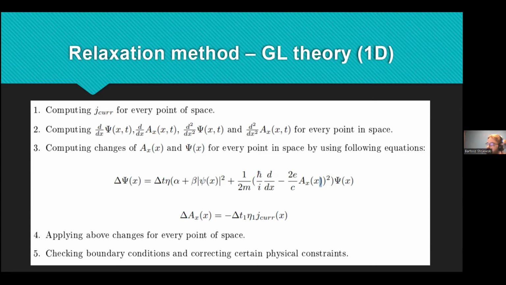With them, we can calculate the initial electric current and gradients of Ax from X and psi from X. Then we iterate the above solution a desired number of times. To summarize, it looks like the steps on the slide. If we proceed with such steps a desired number of times, we get better and better solutions for our Ginzburg-Landau theory.